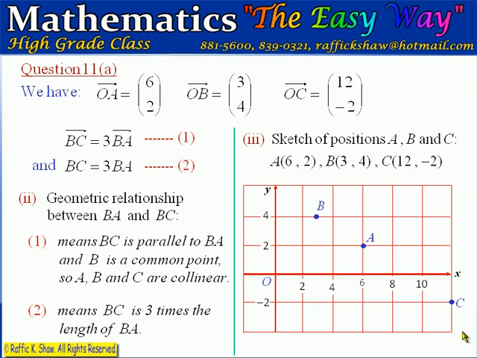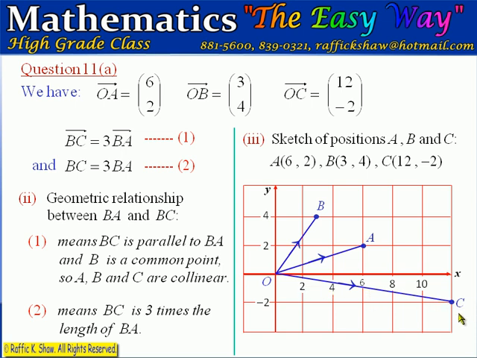So that is the point C. Then we can go ahead and show the vectors. So this vector from O to A is the vector OA here. And then the line from O to B is the position vector of B, that's vector OB. And then this line here is the vector OC. That's the position vector of C.